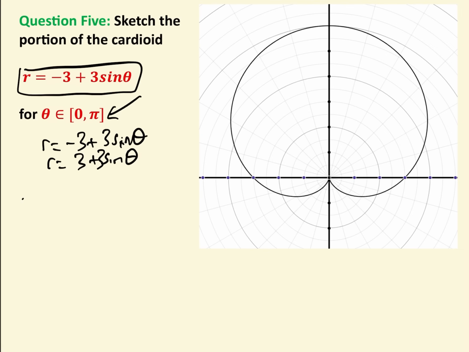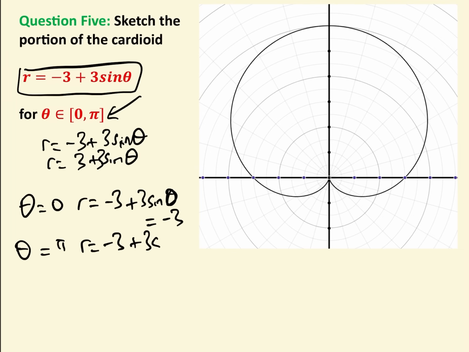Okay, so let's put here theta equals 0. Well, this time we get r equals minus 3 add 3 sine of 0, which equals minus 3. And when theta is equal to pi, we get r is minus 3 add 3 sine pi, which again is equal to minus 3. So let's have a look.